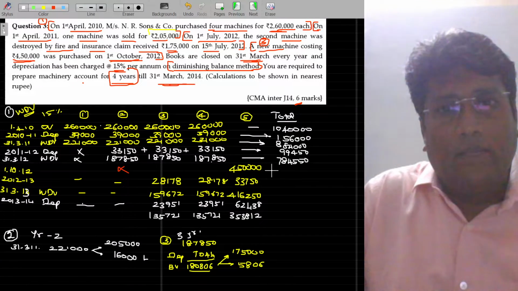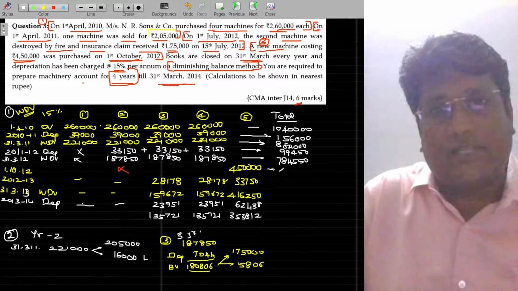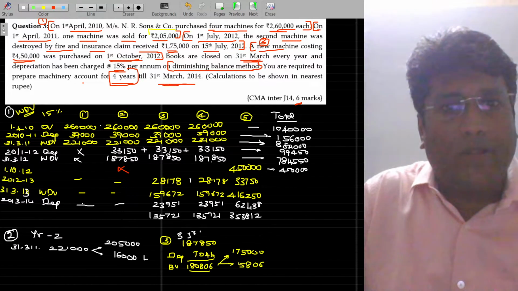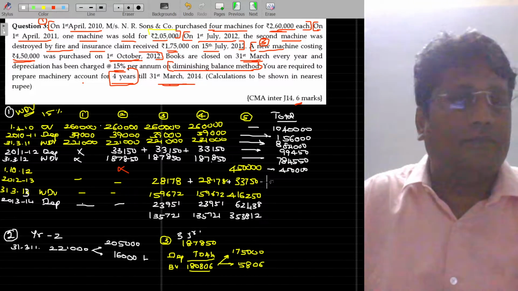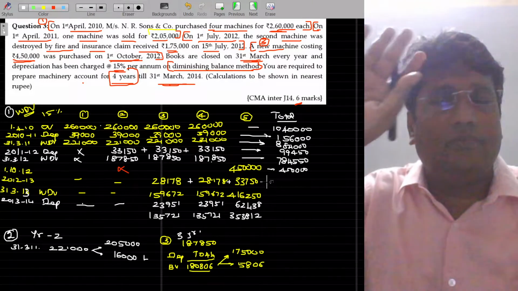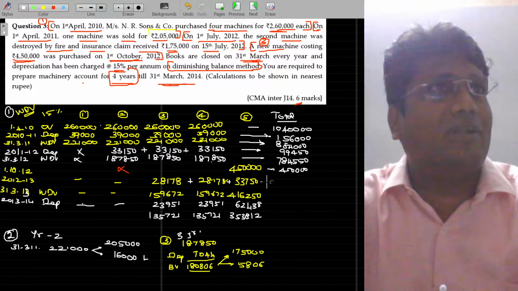And again, one more asset is also purchased, which is 4 lakhs 50. Now, depreciation for 12 and 13.